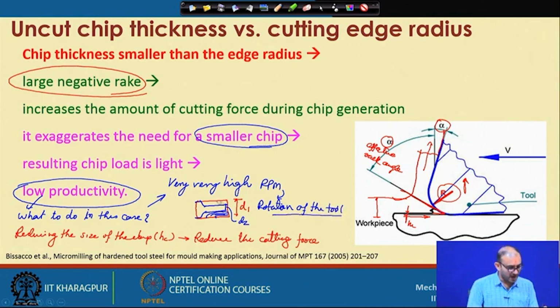If you give high RPM, then what you can do, you increase the feed rate because you are able to remove more amount of material by this particular operation. So high RPM is very important to get high productivity. If you do not do this, then you end up with low productivity because you have to save the tool also, and you have to also get the workpiece in a proper geometry as per the required dimensions.